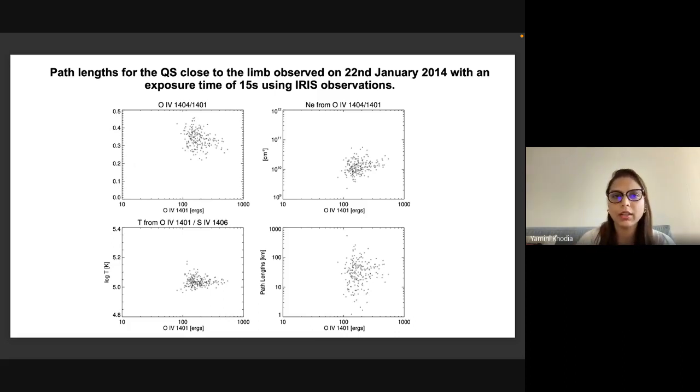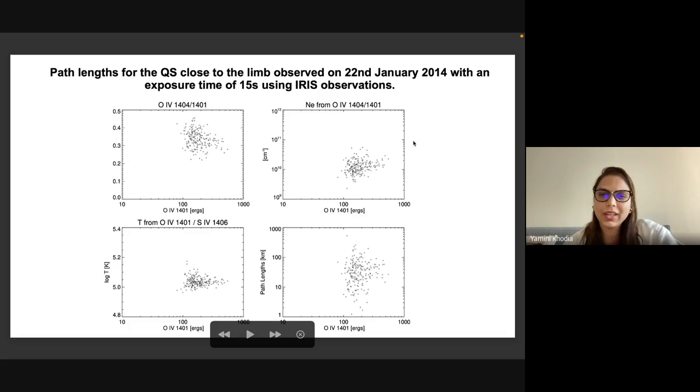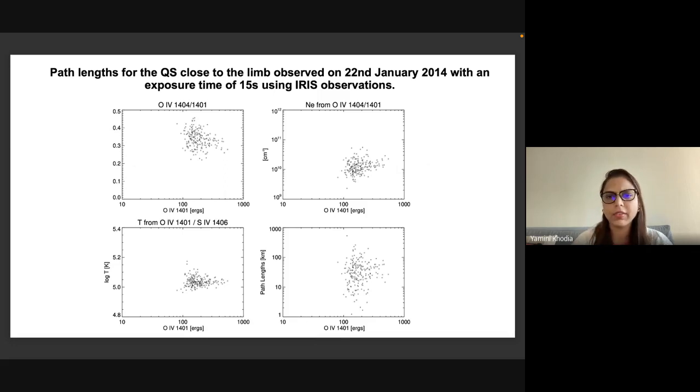If you take the chi-square values, then it becomes a bit difficult to have more data points. The density again shows a typical value of around 10 raised to power 10 per cubic centimeter. But the path lengths get shifted a little bit, and the average value gets shifted to around 30 kilometers.